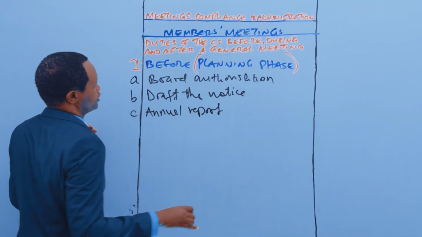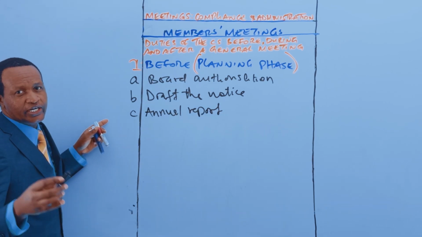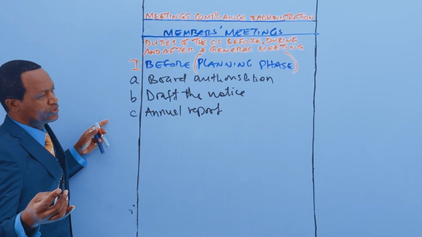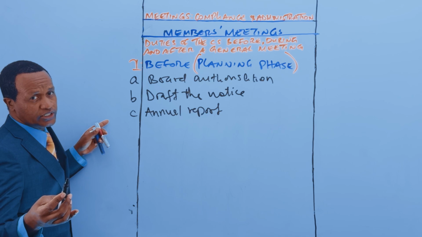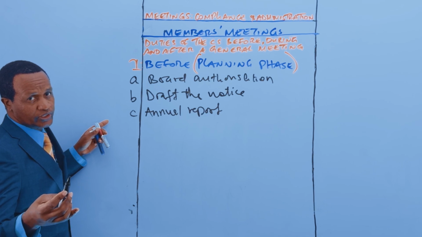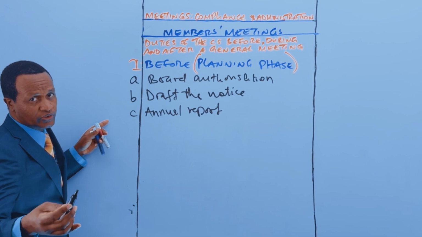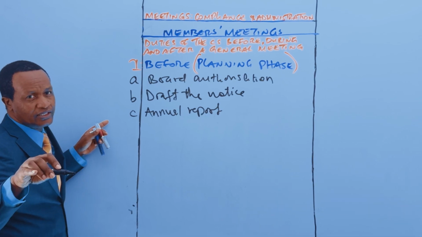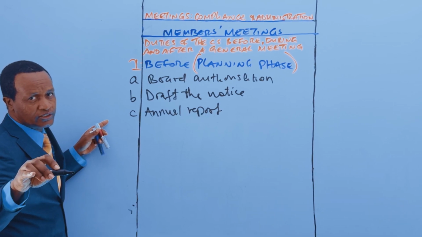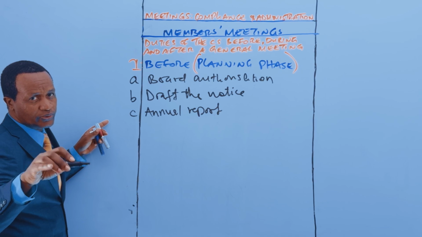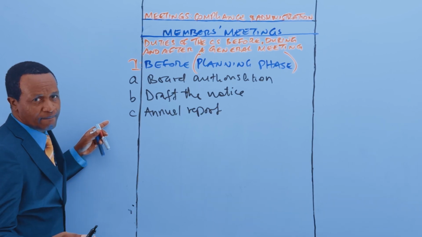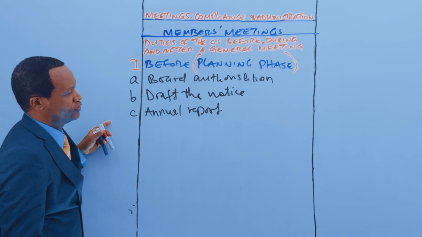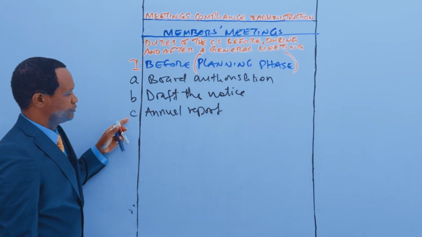Number three, annual report. It is also a role in relation to the annual report. It is the role of the corporate secretary to coordinate with the auditors and printers to ensure the audited financial statements and the director's reports are distributed within the statutory timeline. It could be 21 days for the AGM, for example.